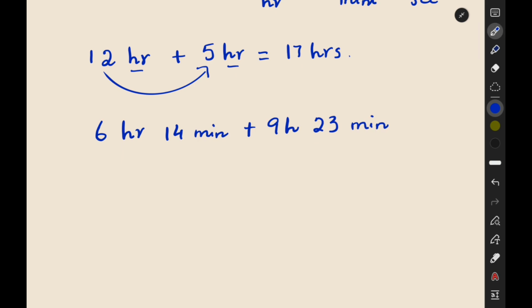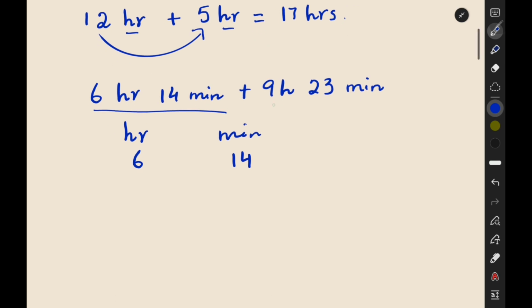In this type of addition, first we write their units, that is hour and minute, and then we write their values, that is 6 under hour and 14 under minutes, and then we write the second one which we have to add, that is 9 hours and 23 minutes. Then we add it.